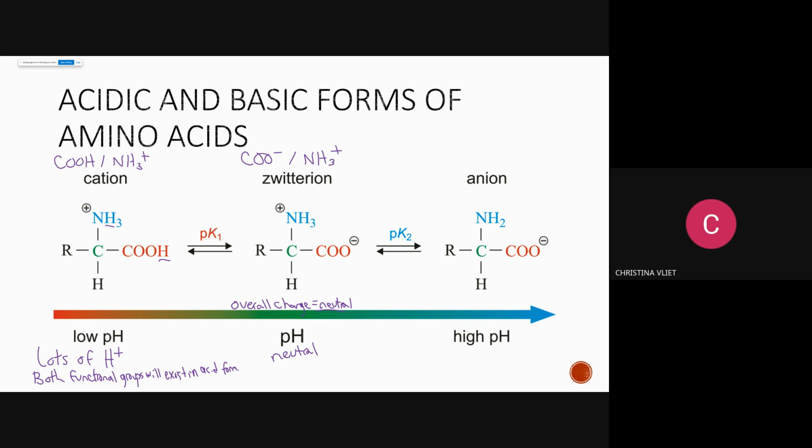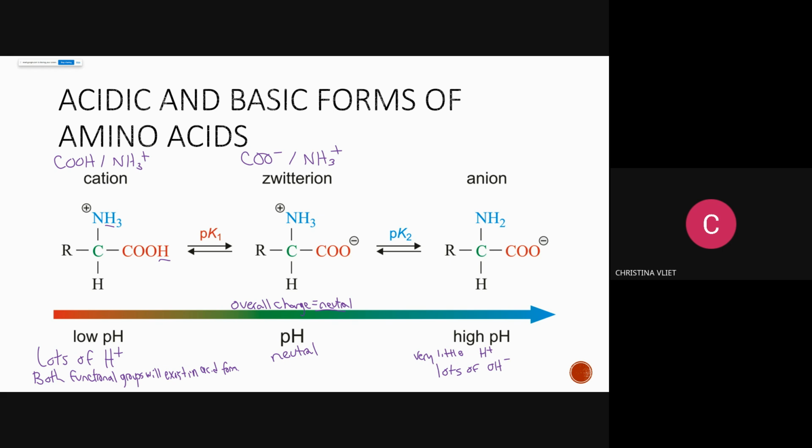So there's very little H plus. We don't know what very little is, but it's very little. There's not much H plus going around. But there's lots of OH minus. And because there's lots of OH minus, all of the acids will give away their H plus to the OH minuses in the solution.